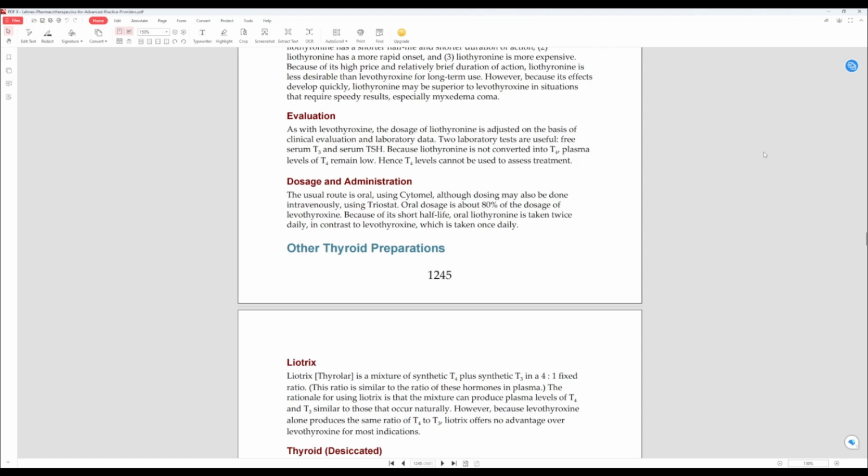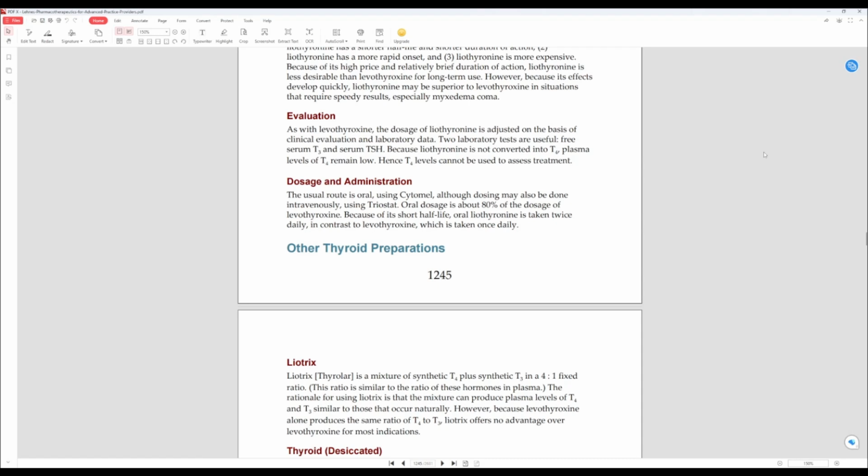Two laboratory tests are useful: free serum T3 and serum TSH. Because liothyronine is not converted into T4, plasma levels of T4 will continue to remain low. Hence, T4 levels cannot be used to assess treatment.